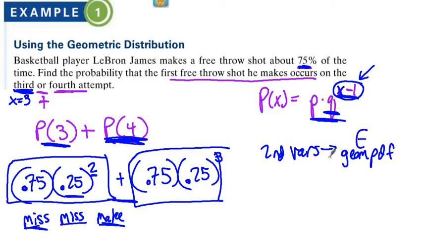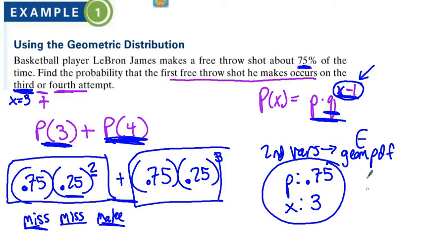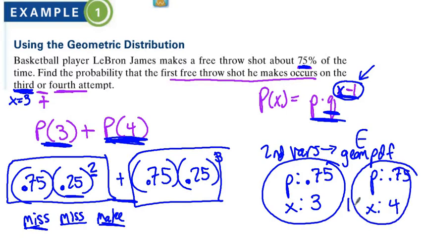So select geometPDF, and it will ask you for a p-value, which is 0.75, and an x value. That's the chance of getting it exactly on the third. So you'd have to plug in this first, and then do it again a second time, but this time on the fourth. So you need 2 numbers, and then you just add those together.